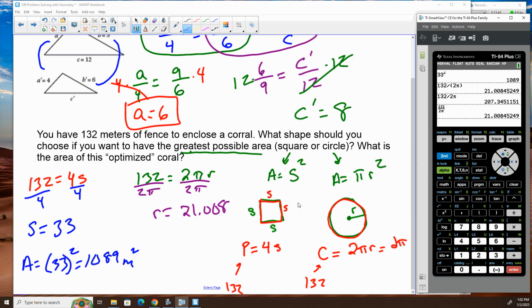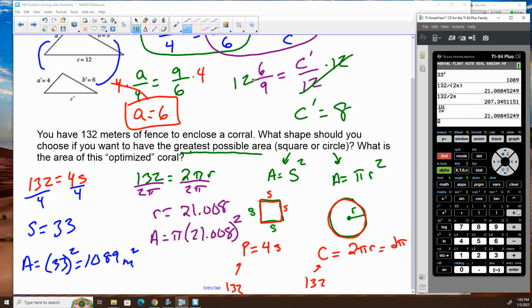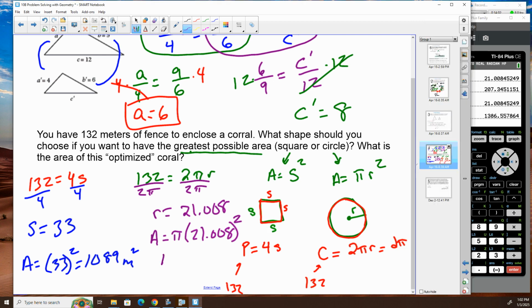Okay, so now that I know my radius, if I want the area of the circle, I'm going to go area equals pi r squared. And I get 1386.557, and then that would be meters squared.